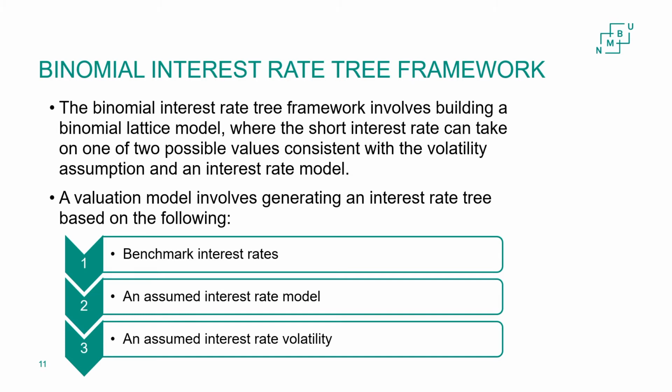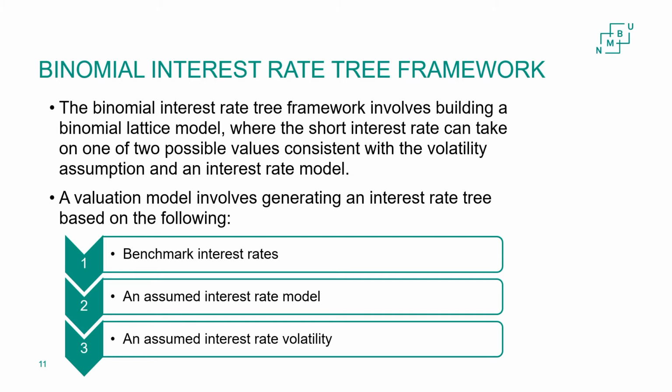And in order to create this binomial tree, we use the benchmark interest rates. And we use these benchmark interest rates to get the arbitrage-free prices of ordinary bonds. And these prices we use to calibrate our interest rate tree, so we know it works.